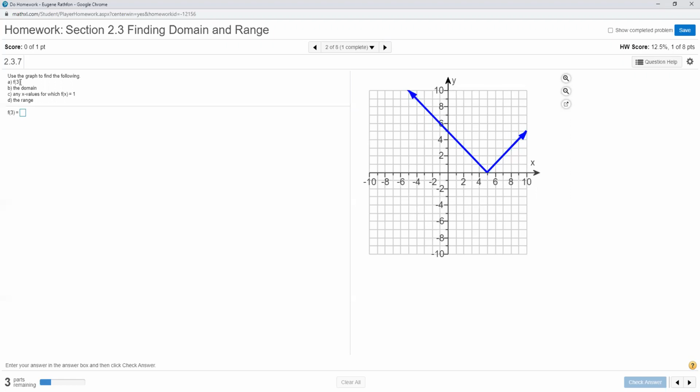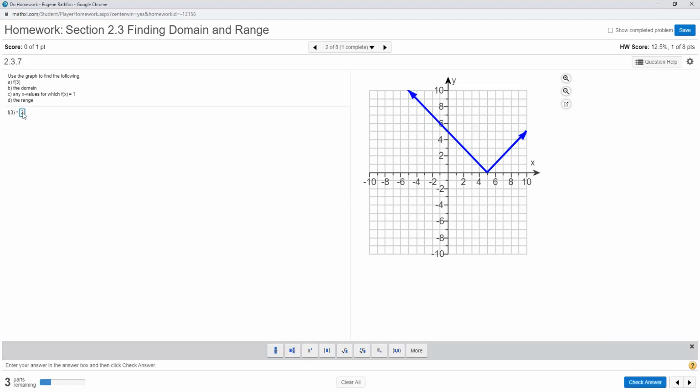So they're giving me the x value. I got to find the y value. So let's find 3 on the x-axis, it's right here. I go straight up, and that looks like that is at 2 on the y value. So that means f of 3 will equal 2.